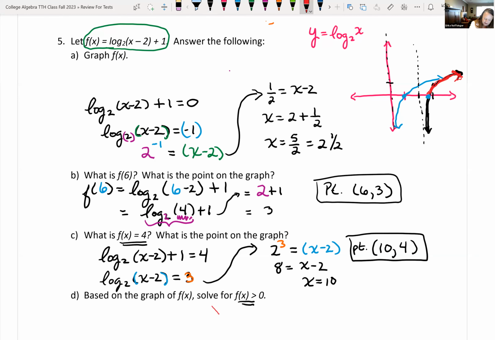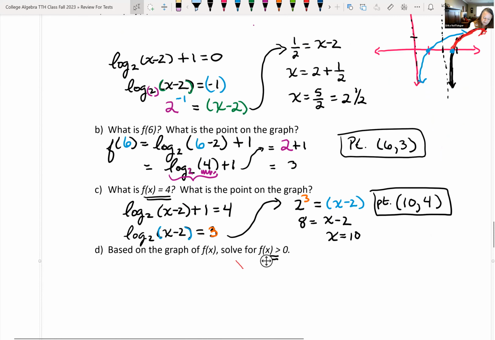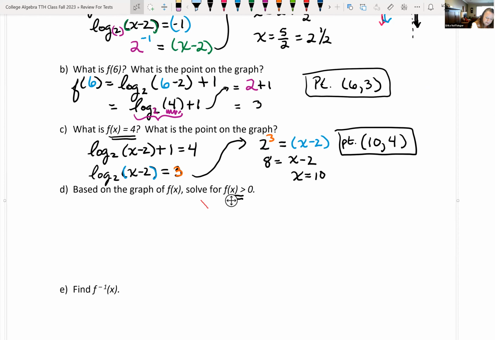So values which would give me f of x greater than 0 are when x is bigger than 2.5. Or I can state it in interval notation, parentheses 2.5 to infinity.